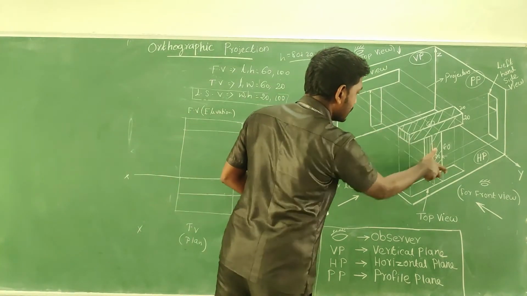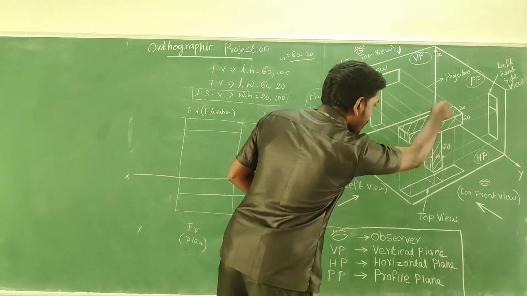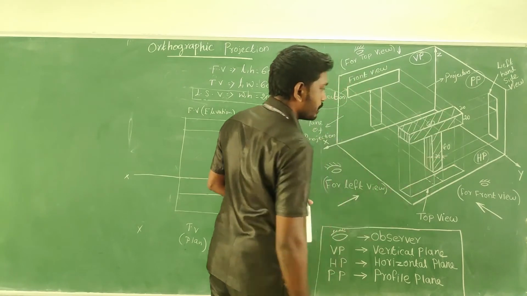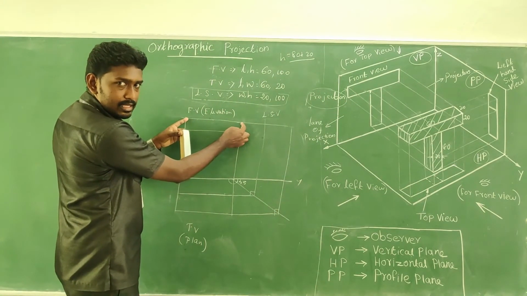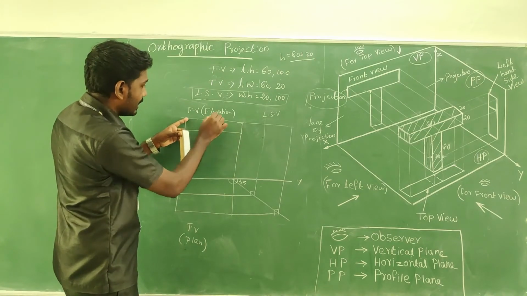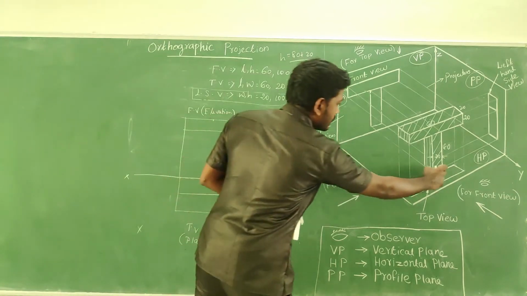What about this height, which is 80, and it is being kept at the middle, am I right? At the middle of this portion. So take the mid of this line, that means this is 100, so at 50 you can keep the point. What about this width?